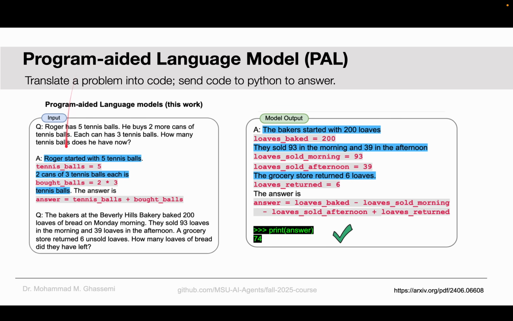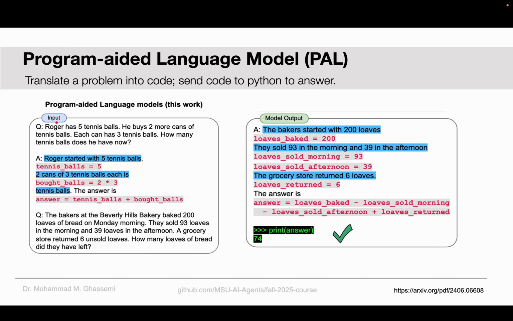And the idea, very simply, was to take any input that a user gives and to train the system on how you translate this input into code. So in the case of this example, Roger has 5 tennis balls. He buys 2 more cans of tennis balls. Each can has 3 tennis balls. How many tennis balls does he have?